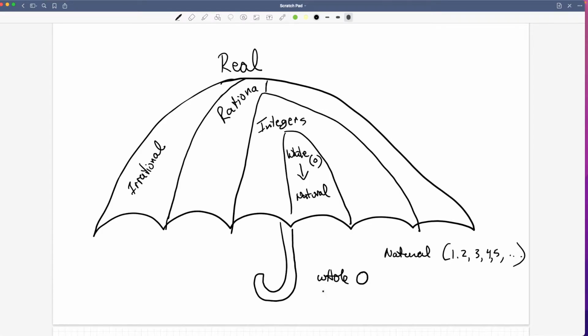So whole numbers equals 0 plus the natural numbers. That's just the way my brain works. If it helps you to remember, then that is awesome. If not, hopefully my little weird umbrella sketch will help you remember that as well. And that is how we categorize the numbers in our number system.